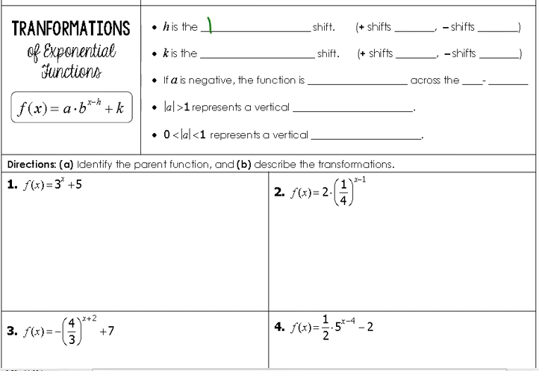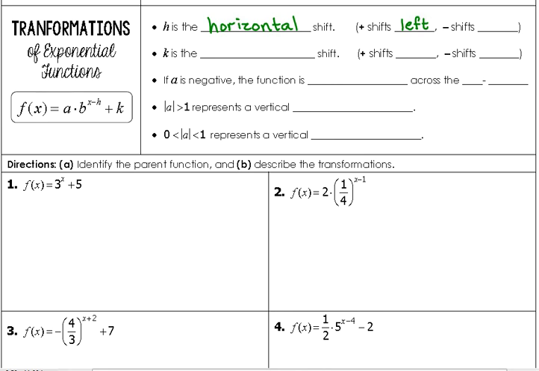H is the horizontal shift. That's easy to remember, right? H is horizontal. Now, here's the deal with horizontal. It's always the opposite of what you would expect it to be. So if it's plus, you expect plus to go to the right, but plus actually shifts you to the left.